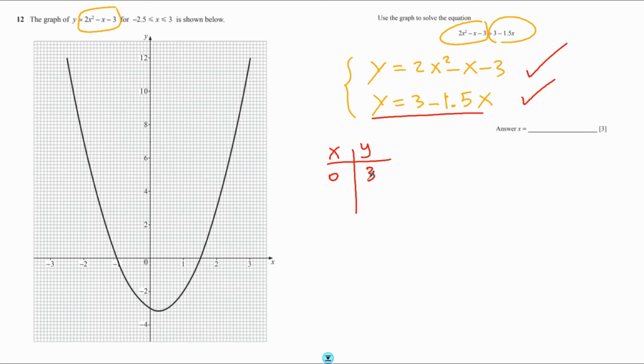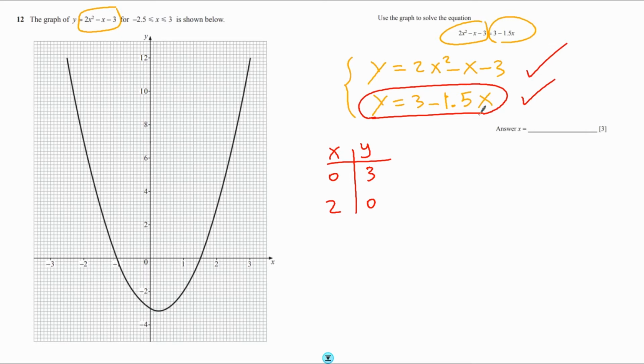And if x equals 2, y equals 0. You need to be a bit smart when you choose the numbers to make it simpler. 2 times 1.5 gives a whole number, and 3 minus 3 is 0. So these give us simpler, basic points.